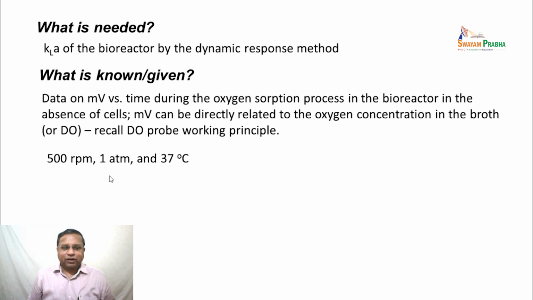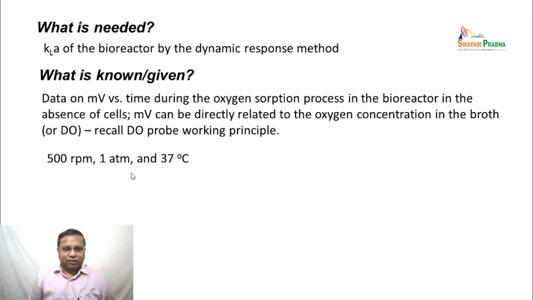We also know the bioreactor conditions: the stirrer is rotating at 500 rpm, the pressure is 1 atmosphere, the temperature is 37 degrees C. As mentioned in the lecture, all these parameters, the agitation level, RPM, aeration level, liters per minute or volume per minute, temperature, pressure, all have significant impact on the KLA value.